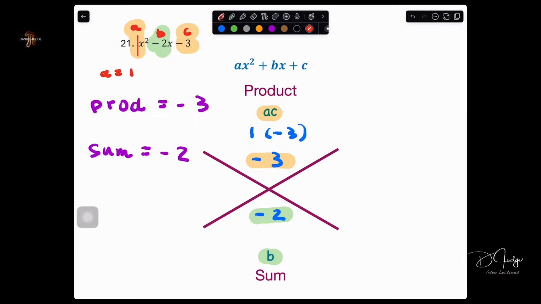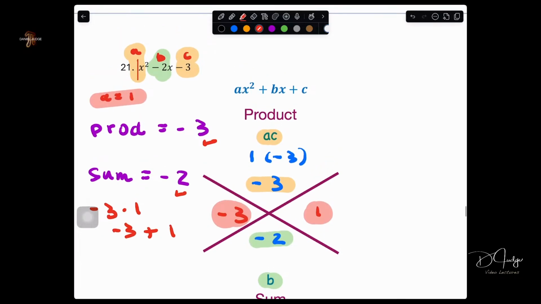So it looks like negative 3 times 1 gives that product of negative 3, and negative 3 plus 1 gives the sum of negative 2. So negative 3, positive 1 is the pair of numbers. And because A is 1, we're done.